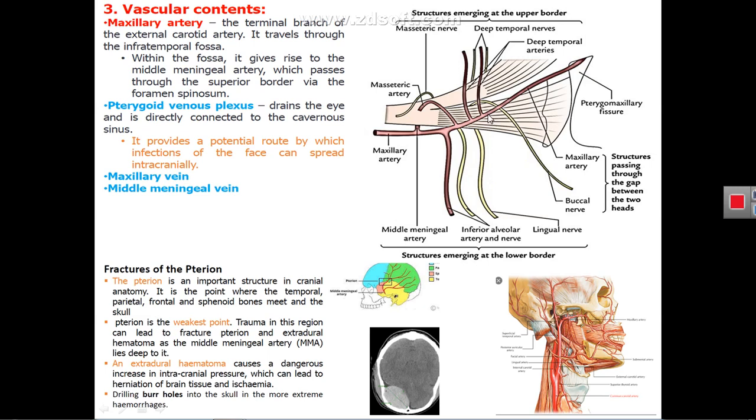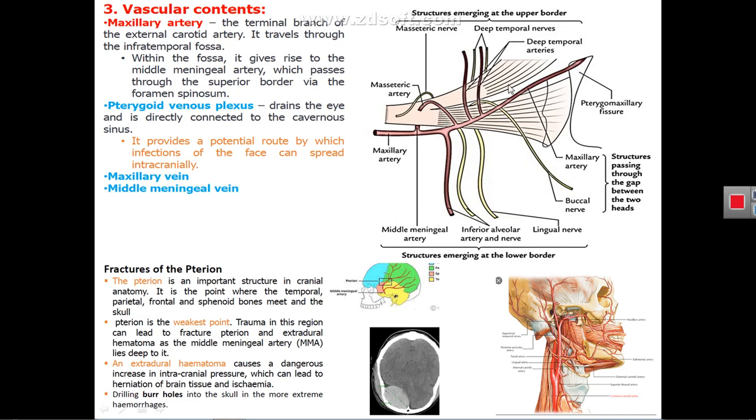The third part passes through the pterygomaxillary fissure, so it is inside the pterygopalatine fossa, and it will be described with the pterygopalatine fossa.